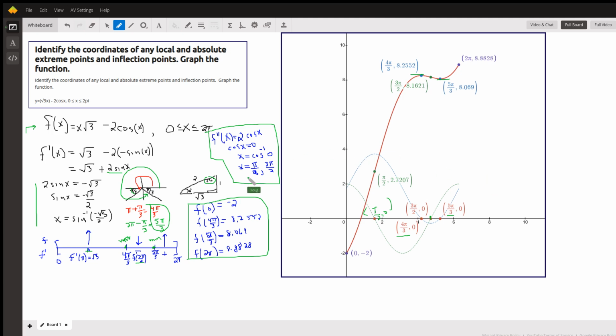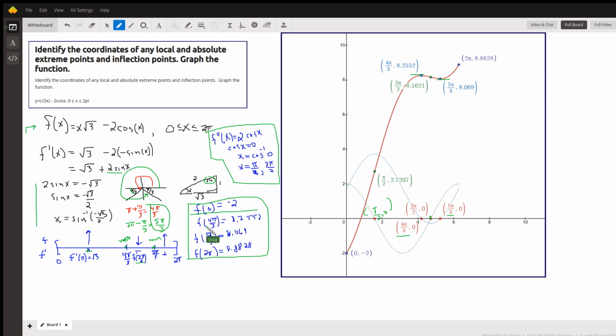To find the absolute maximums and minimums on that closed interval, you have to evaluate f of 0, f of 2 pi, those are the endpoints, and f of each critical number. And you can see from the graph that the relative minimum is 0, negative 2, and you put 0 into the original function, yeah, you get negative 2.